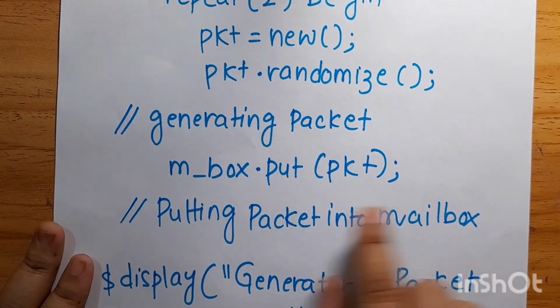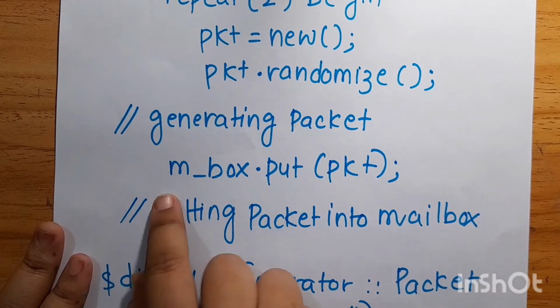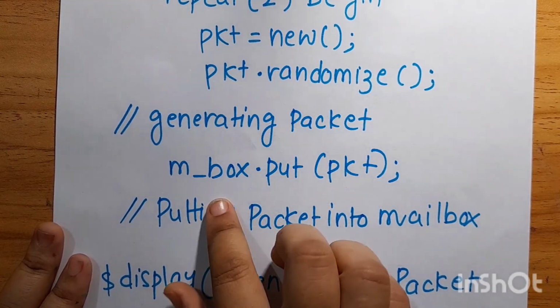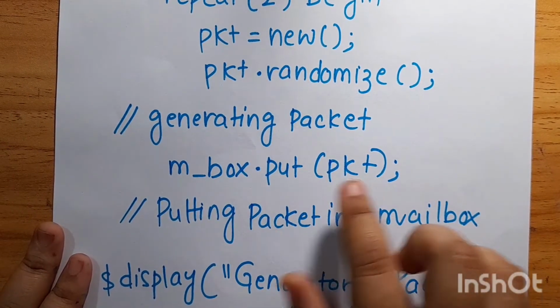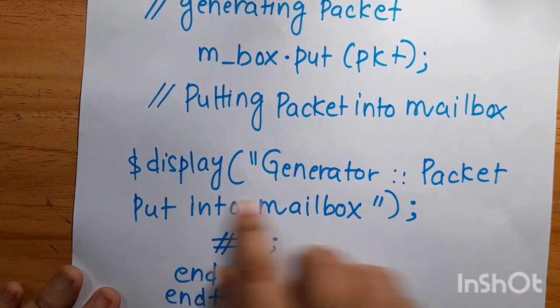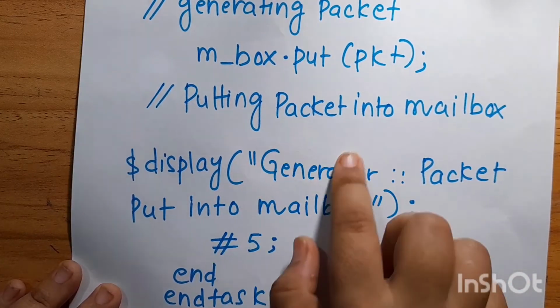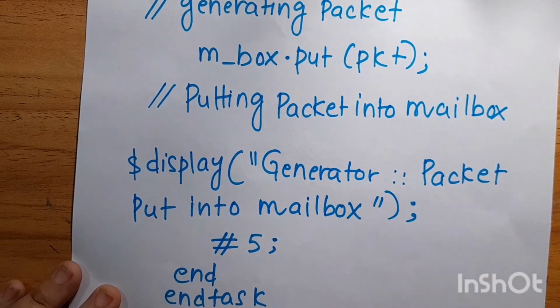Then what I am doing is mbox.put(pkt). Already we have built the mbox, and now I am putting the packet into the mailbox, and we have this display statement which shows that the message is from the generator: packet put into the mailbox.